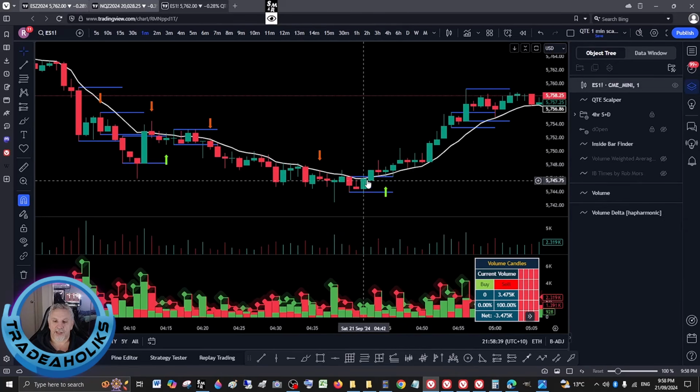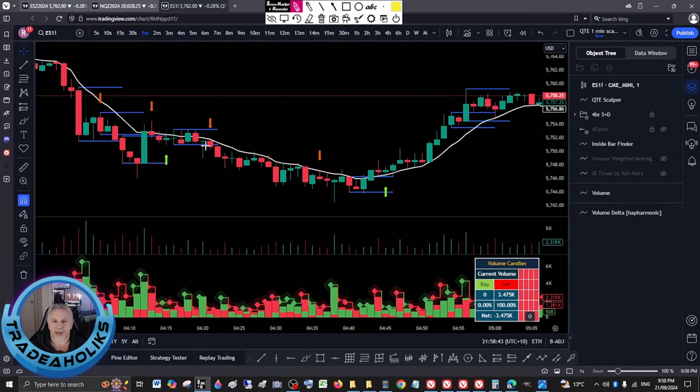This is the first time that it's crossed the 10 EMA, just there. After all this time, this is the first candle that has crossed the line and closed above the line, and we've had this red candle just here. So if the price breaks that, you're taking a long, which was just here.